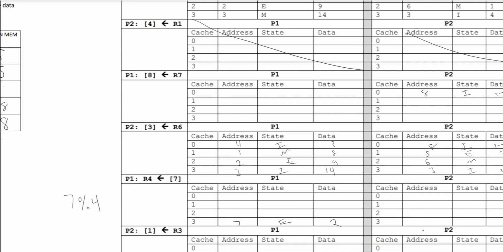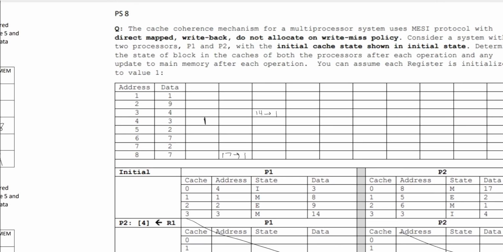Okay, address 1 is not in the cache. Do not allocate. Same thing again. When it snoops, there's this, so it has to flush this. So address 1, 8 becomes an 8. I don't even know what line of code that is.